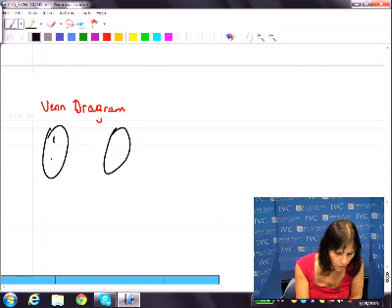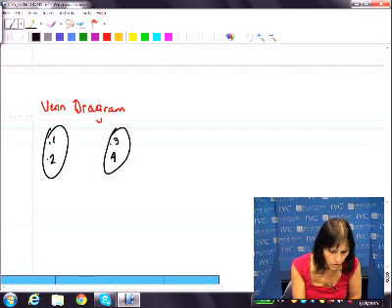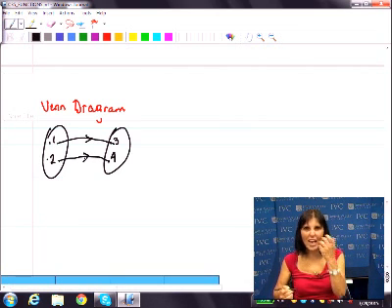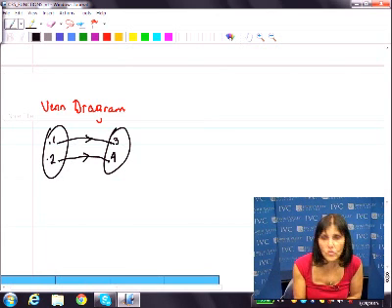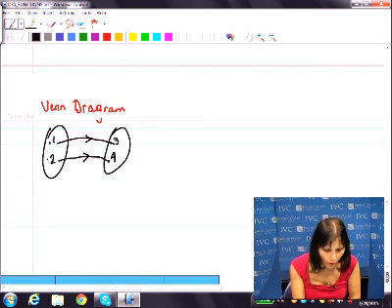This bag has 1 and 2, and this one has 3 and 4. There's a relation between 1 and 3, and between 2 and 4. Actually, what is the relation? You're just adding 2. Okay, that's fine. 1 goes to 3, 2 goes to 4. Okay, what does that mean? If one thing goes to one thing, that's a function.